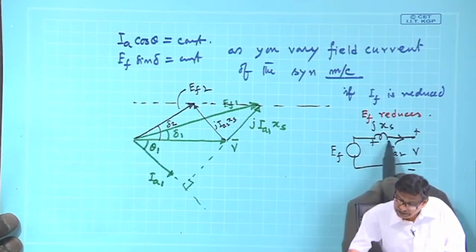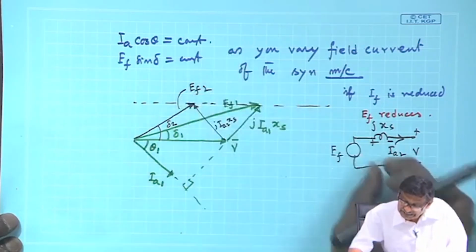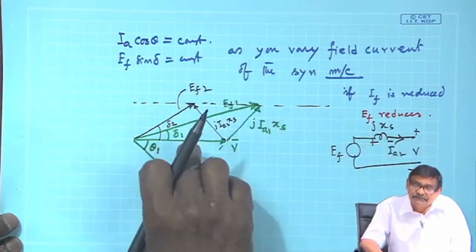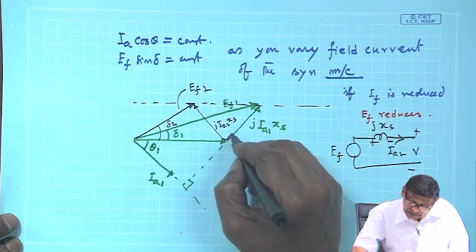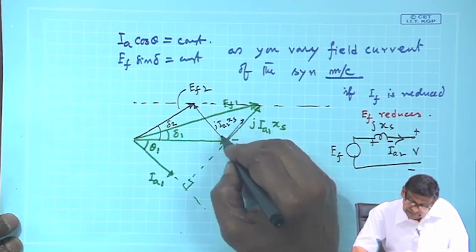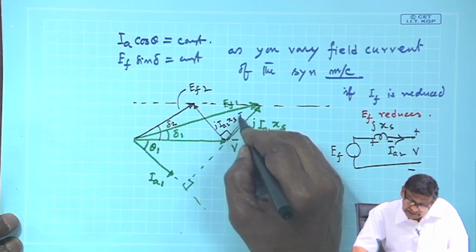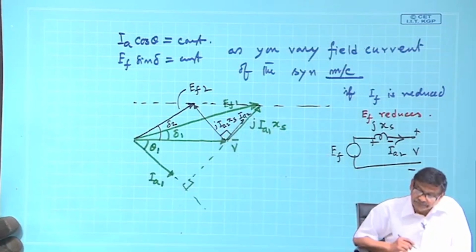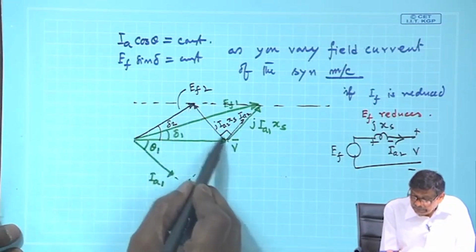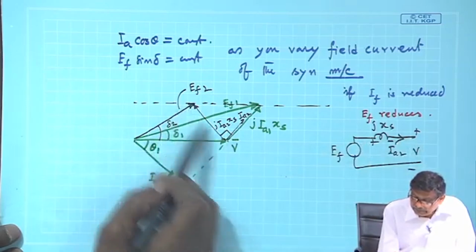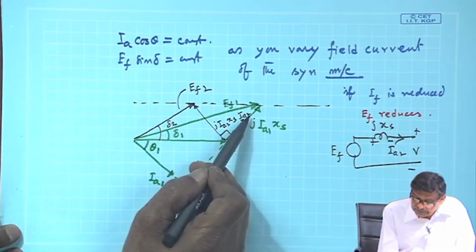So, I know the voltage across the inductance, that gets fixed, and I will claim then I a2 should be here, 90 degrees lagging that voltage.